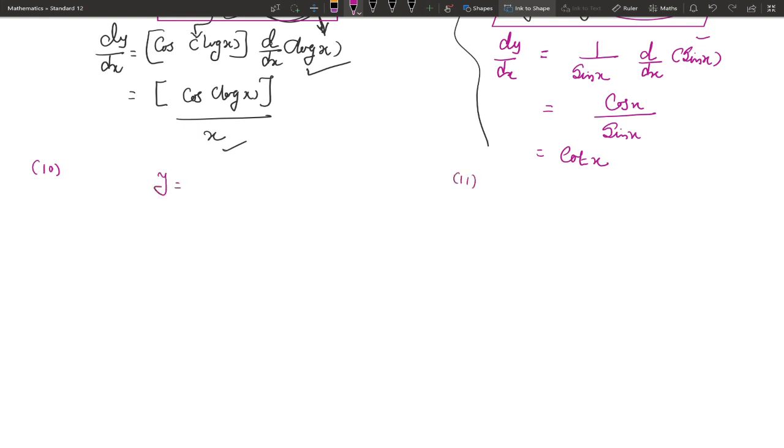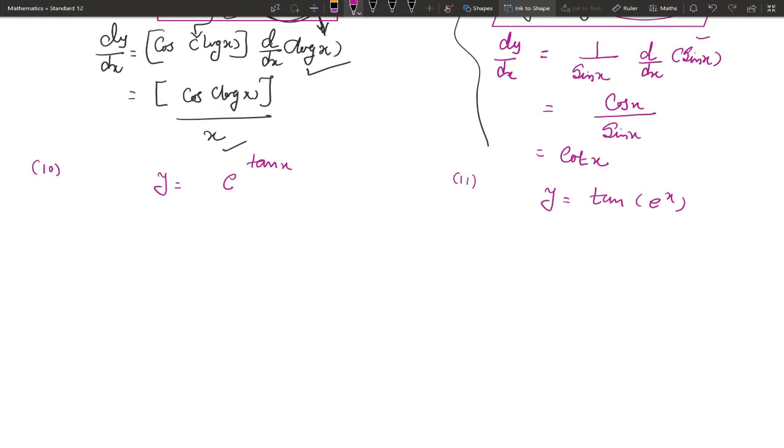We take another example. Y equal to e raised to 10x. We take y equal to 10 e raised to x, so that you can observe the difference between these two differentiations.